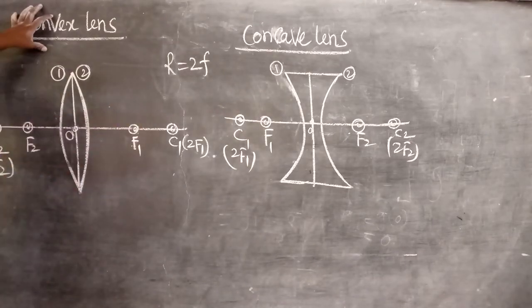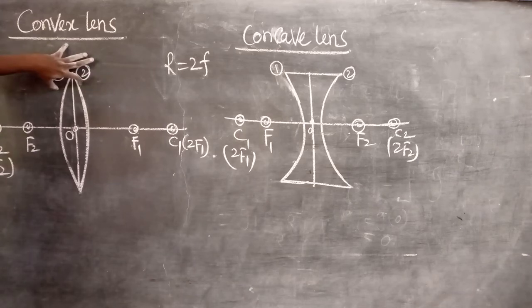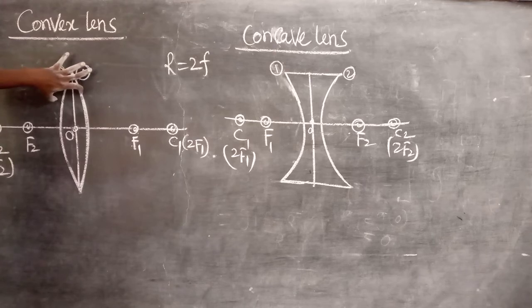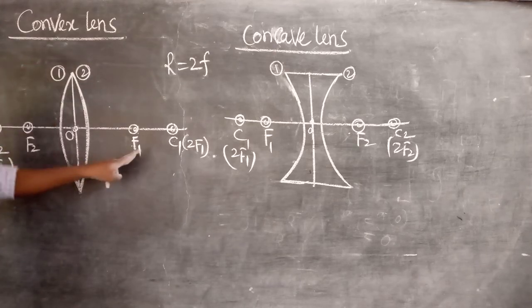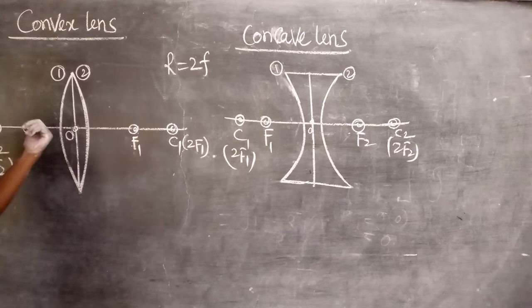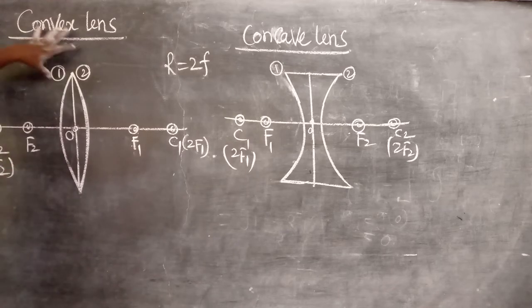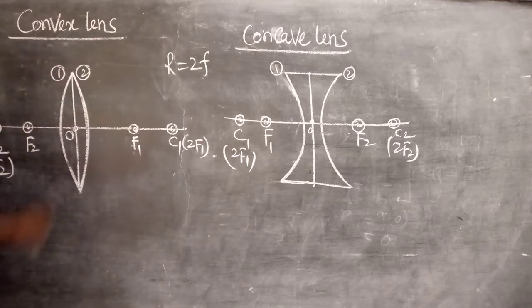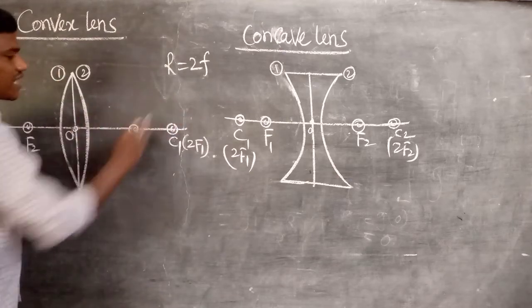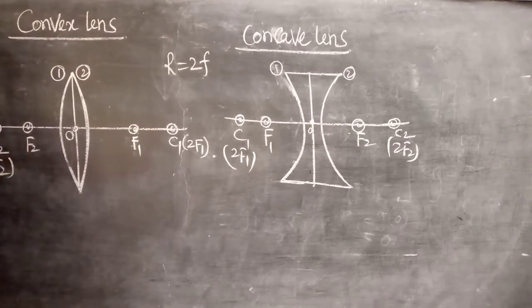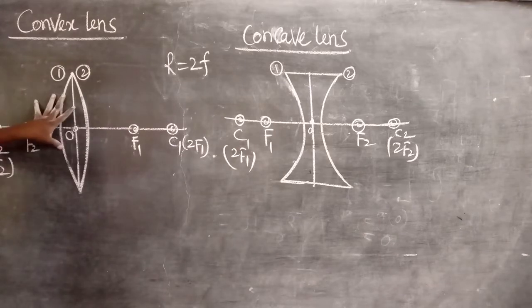That's why in an equiconvex lens, two spherical curved surfaces are there, so the lens will have two principal foci and two centers of curvature. In an equiconvex or biconvex lens, F1 and C1 are on the right hand side, and F2 and C2 are on the object side. These two are on the image side, these two are on the object side, because in most cases the object is placed on the left hand side.